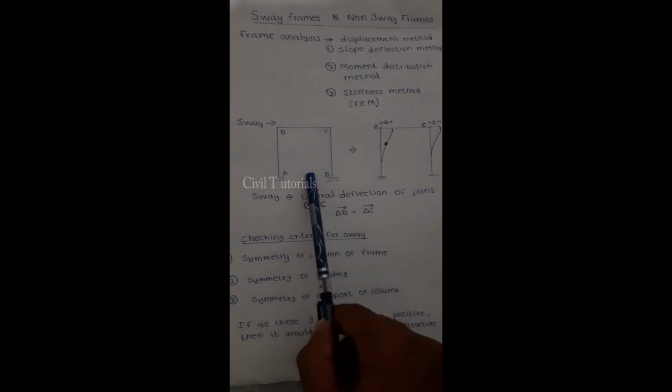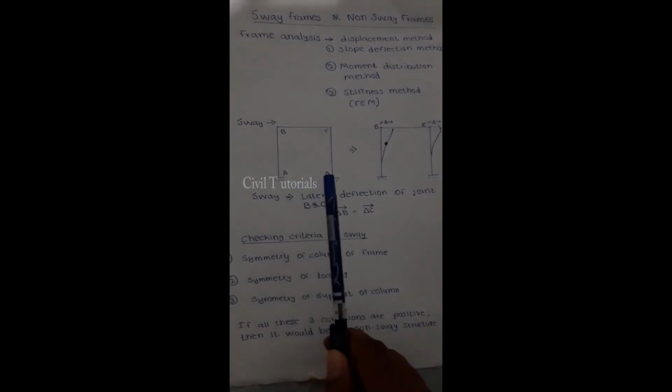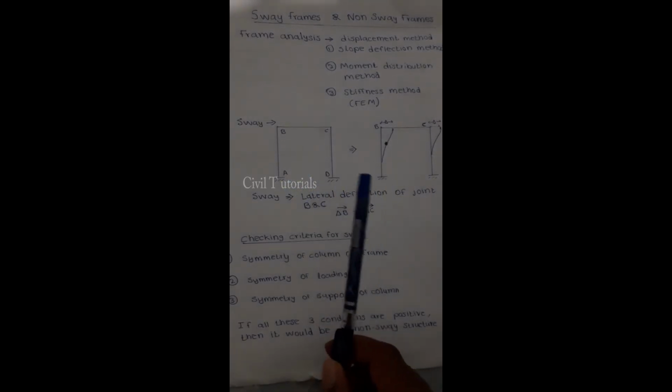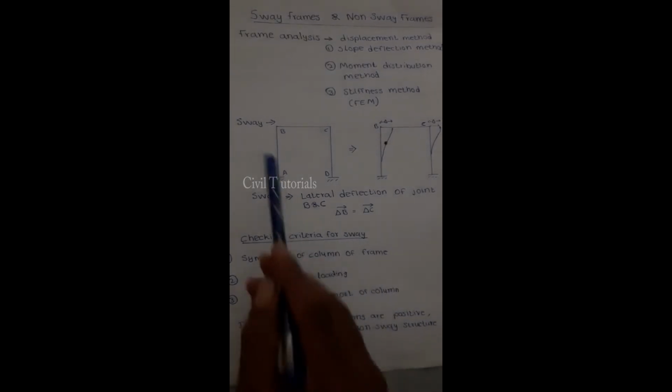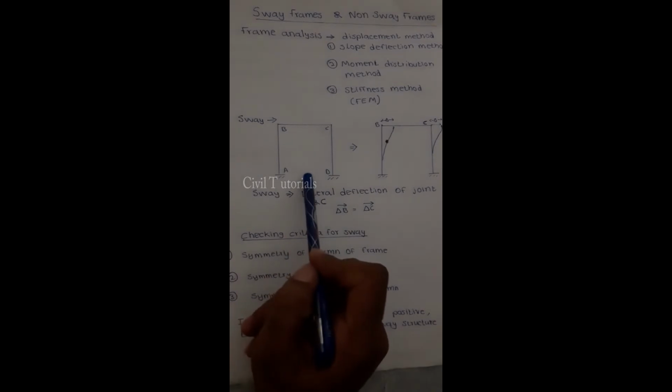Another criterion is symmetry of loading. Around the symmetrical axis, the loading on both sides has to be the same in magnitude, direction, and position. For example, 10 kilonewtons in B and also in C. Then it's a symmetrical loading.